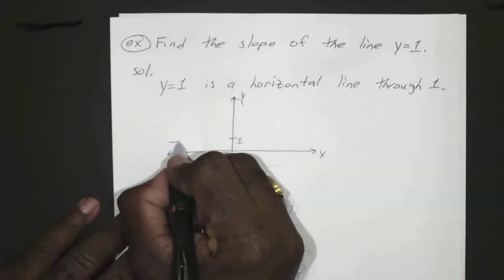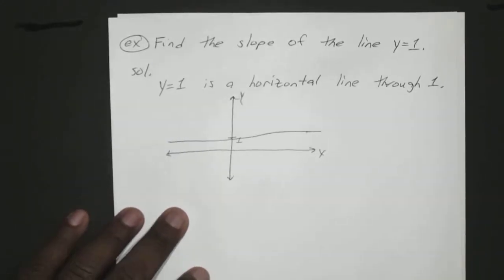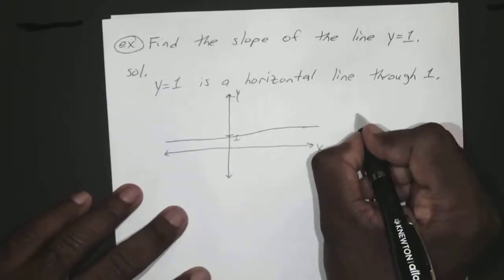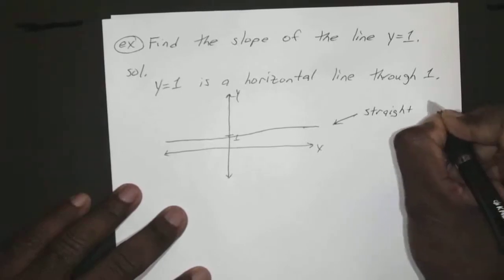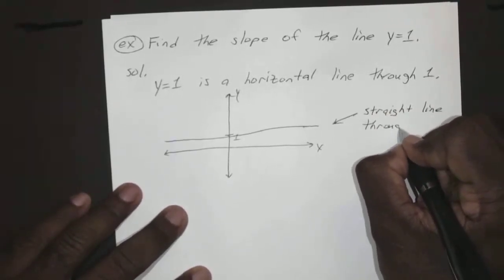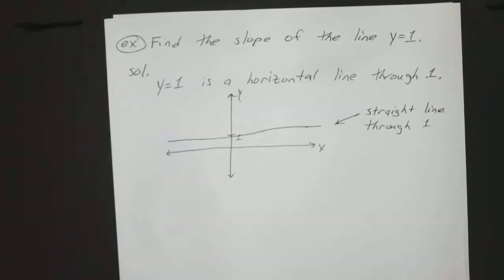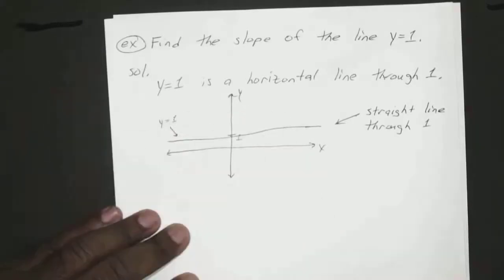Y equals 1 would just be a straight line, but as you can see, through 1. If you squint and tilt your head, it's a straight line. Okay, so this is y equals 1.